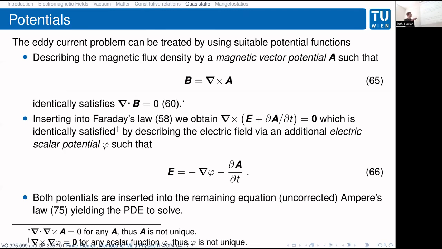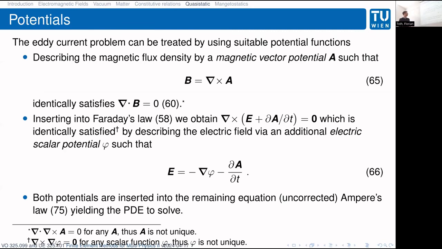And you see that this identically satisfies the divergence of B is zero, because the divergence of the curl is always zero. So by introducing this potential, it's nice, we get rid of one equation because we know it's always identically satisfied.